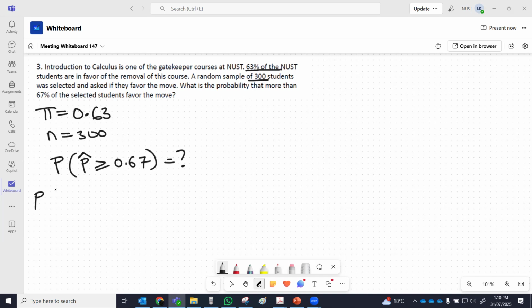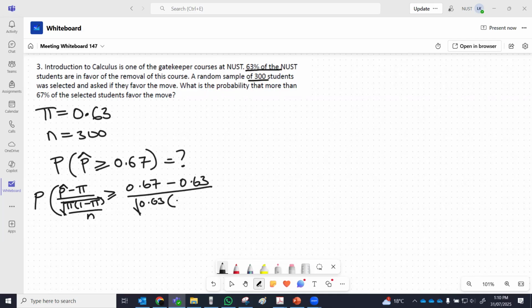So this is the probability that p hat minus pi over the square root of pi, 1 minus pi over n, is greater than or equal to 0.67. Our pi is 0.63. This is divided by the square root of 0.63 multiplied by 1 minus 0.63, and this is divided by n, which is 300.